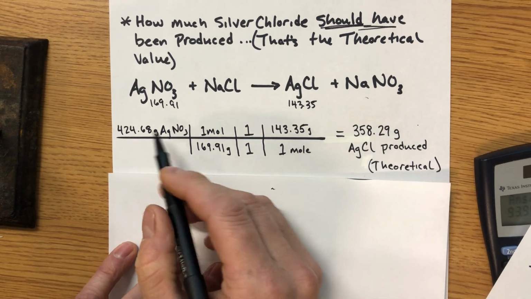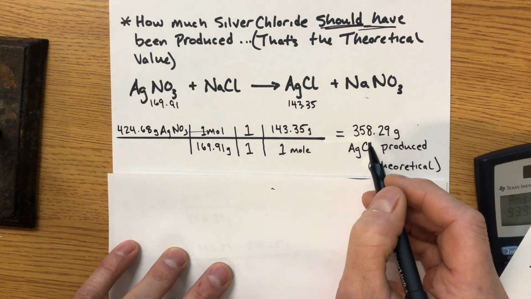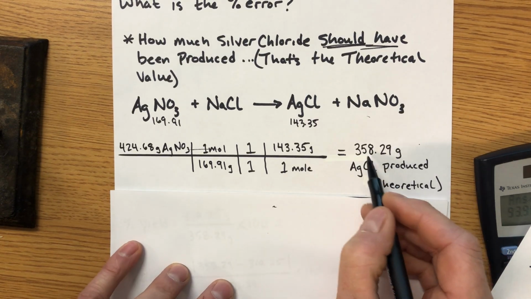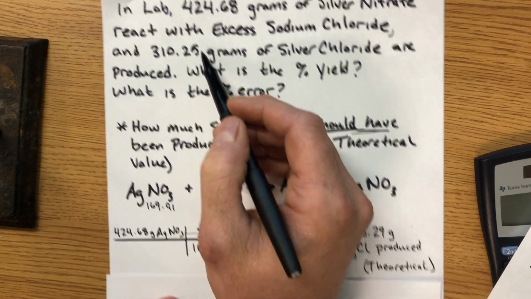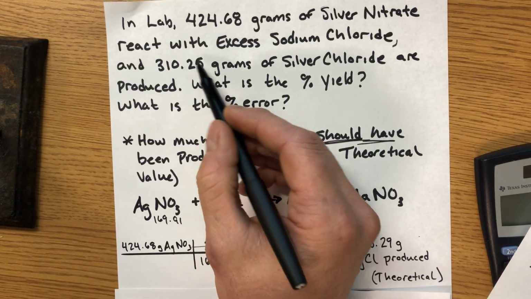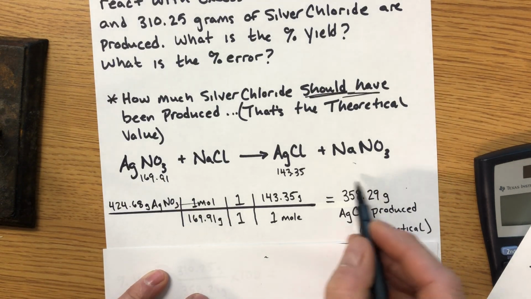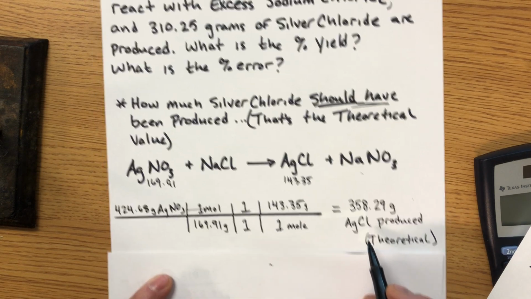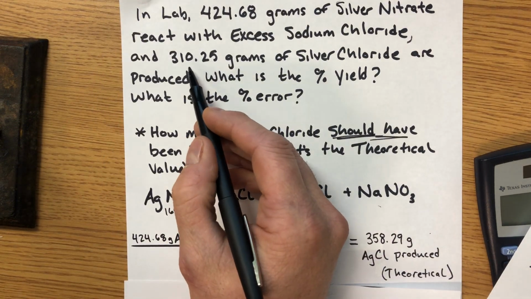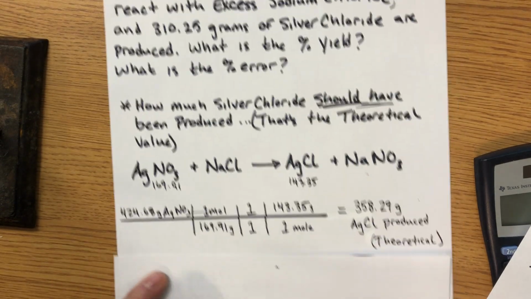So you do the math, multiply across the top, divide by the bottom, and you find that according to the math, 358.29 grams should have been produced, but only 310.25 were actually produced. So now we've got our theoretically calculated answer that we can compare to our actual value in our percent error and our percent yield problems.